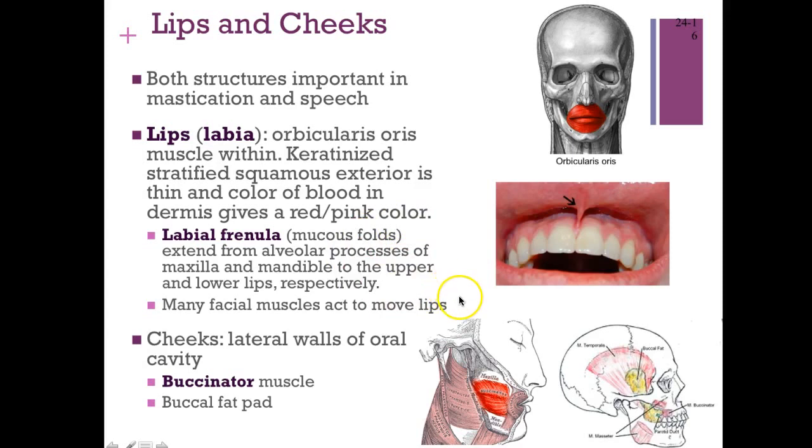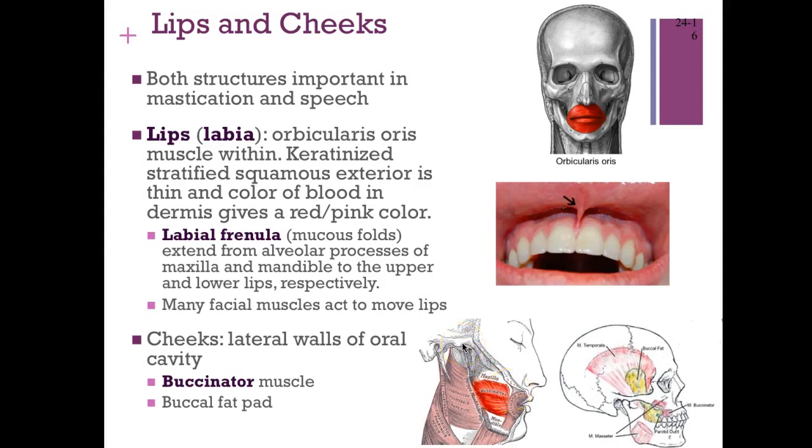And then we have our facial muscles that will also help us to move our lips around, such as the buccinator, and we also have depressor anguli oris that can pull your lip down, and the zygomaticus major and minor that would be pulling your lip upward.